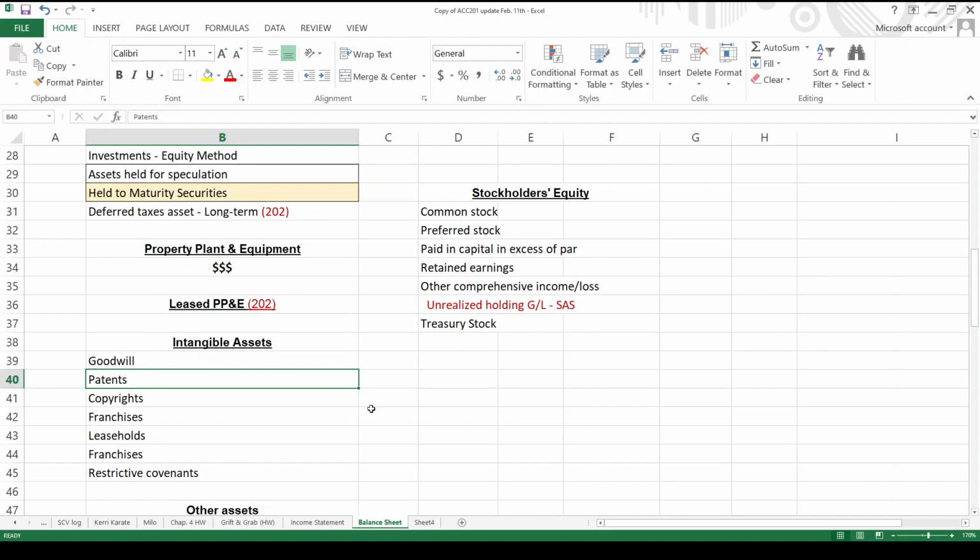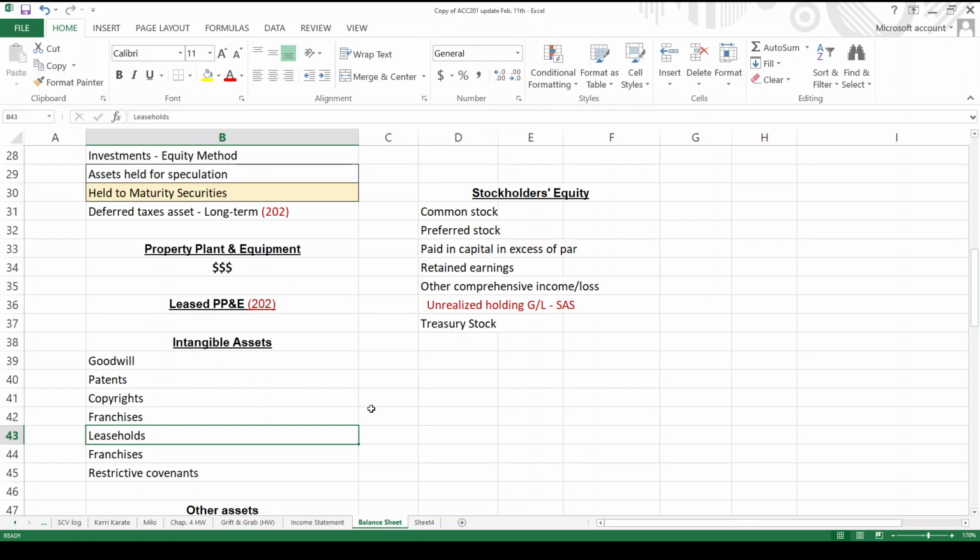Self-developed patents, a very limited amount, can be capitalized. Copyrights. Okay, so you own the rights to what? To Led Zeppelin recordings. Obviously, would have paid a lot of money for them. Would go in here, get written off over time. You own a franchise, a McDonald's franchise, goes in here, intangible asset.